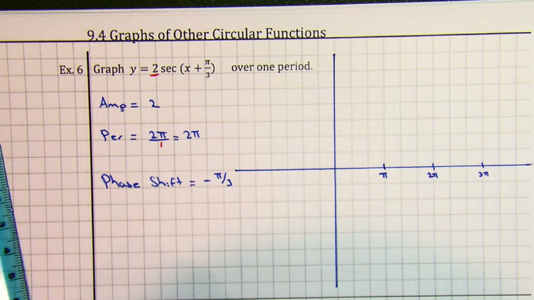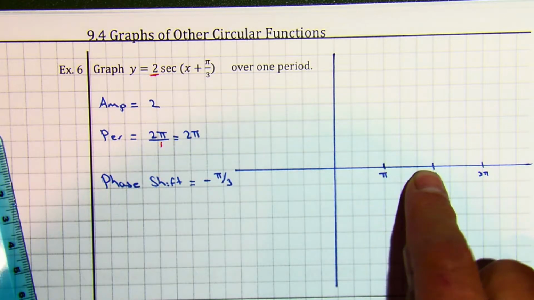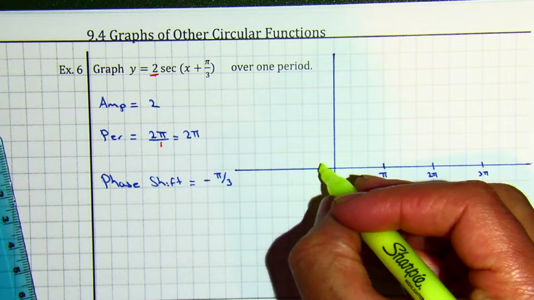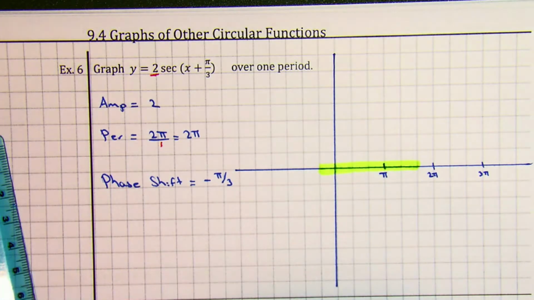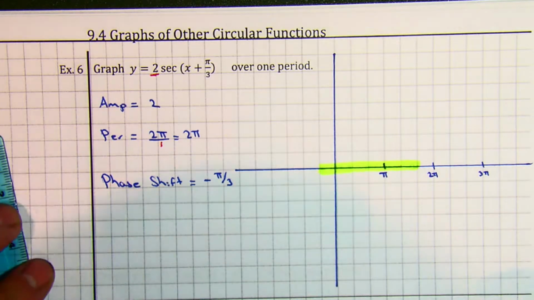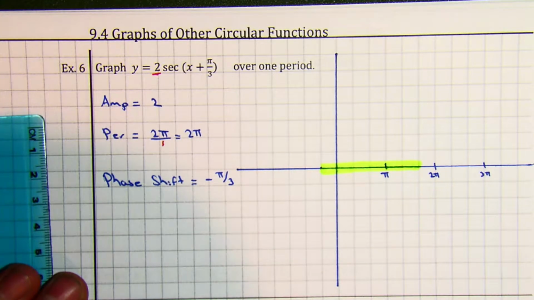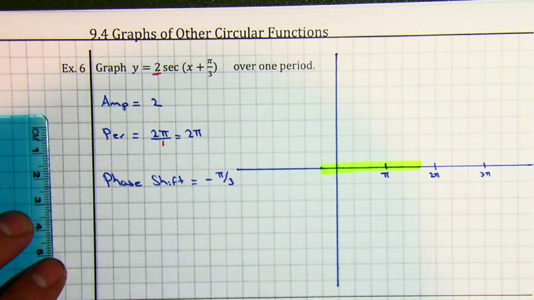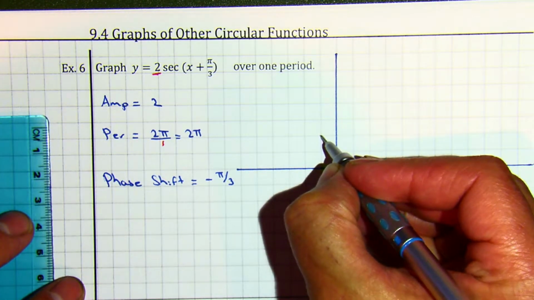Now, my graph will start from 0 to 2 pi, but because I'm going to shift everything to the left, it will be from negative pi over 3 all the way to 5 pi over 3. And I need to decide, my cosine starts at 0 or at 1. You want to do it with a pencil or you just do it nice and light. It will be at 2.